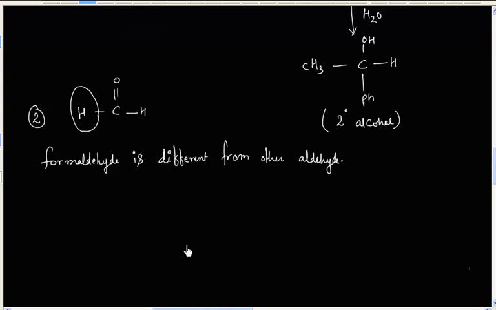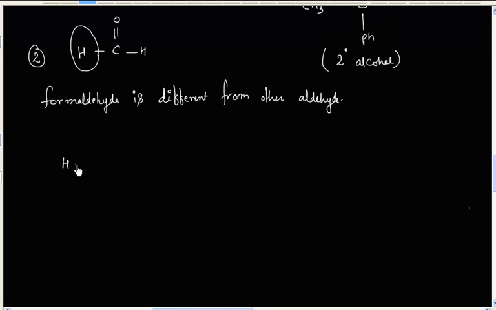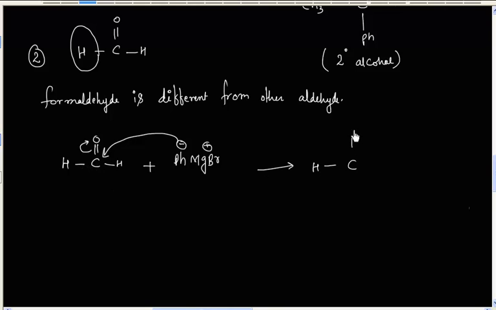In case of formaldehyde, let us try to figure out the product. If I have Grignard reagent PhMgBr, the idea is the same: Ph minus will act as a nucleophile and carbon is an electrophilic center. So I will get the salt in the first step.